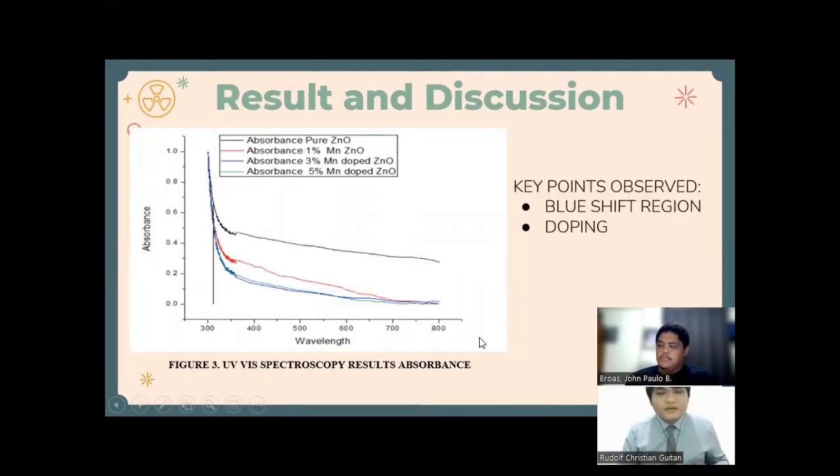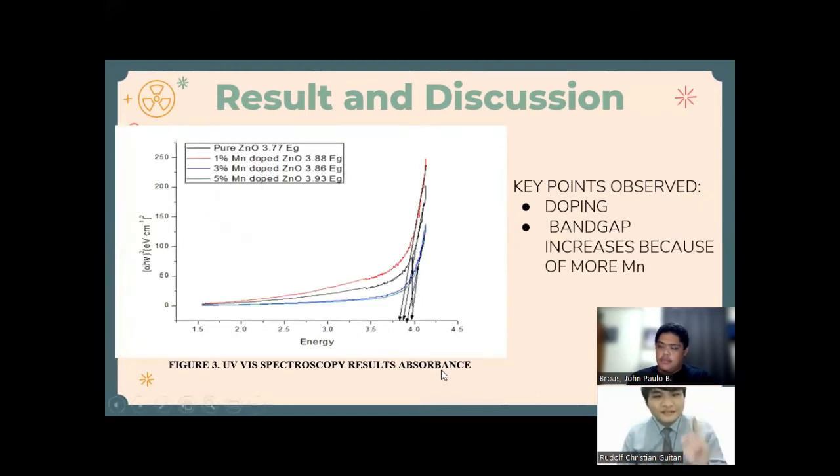Next slide. Our UV-Vis results yielded two fascinating results. One is that increasing manganese concentration increasingly shifts the absorption of manganese-doped zinc oxide particles to the blue spectrum. According to one of our references, this is due to the strong exchange interaction in the short-range system and excess impurities on the surface, which manganese is responsible for.